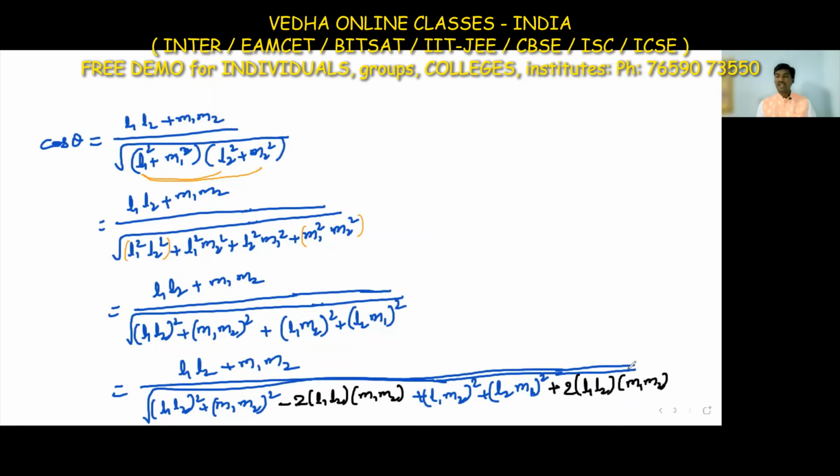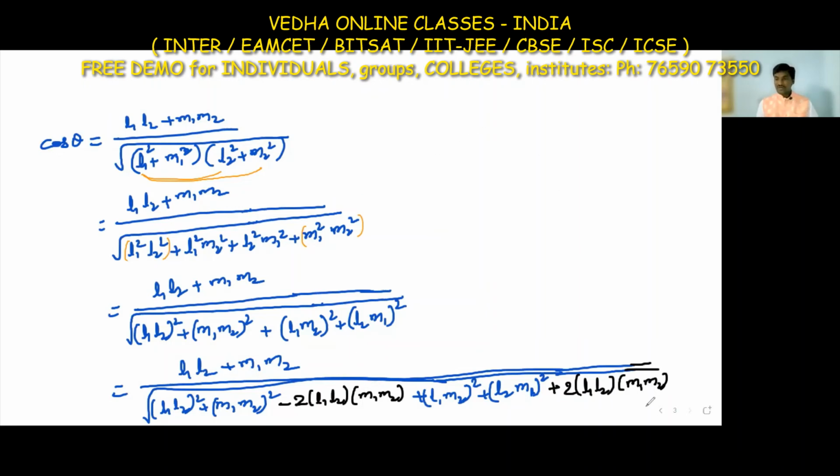Adding and subtracting, there is no change. Observe here: L1 L2 whole square, M1 M2 whole square, minus 2AB, where A means L1 L2, B means M1 M2.